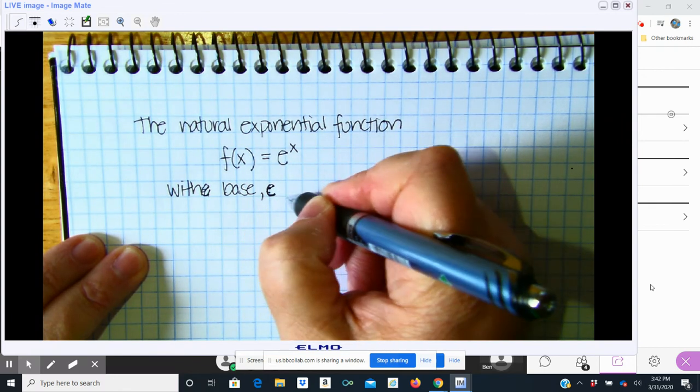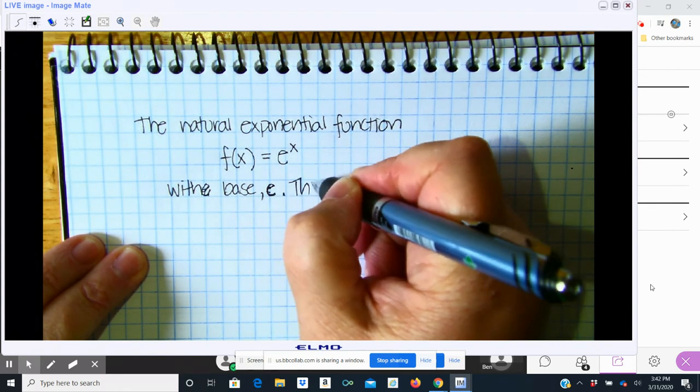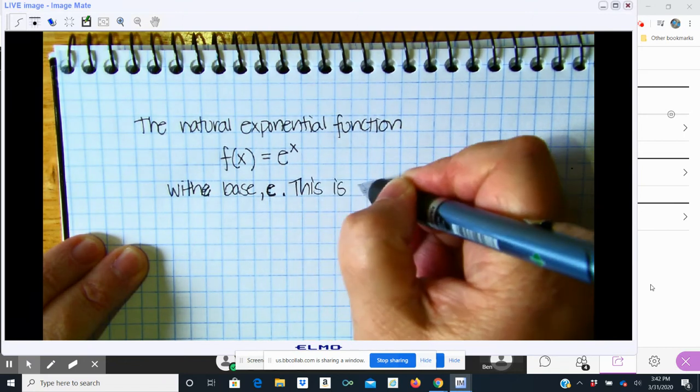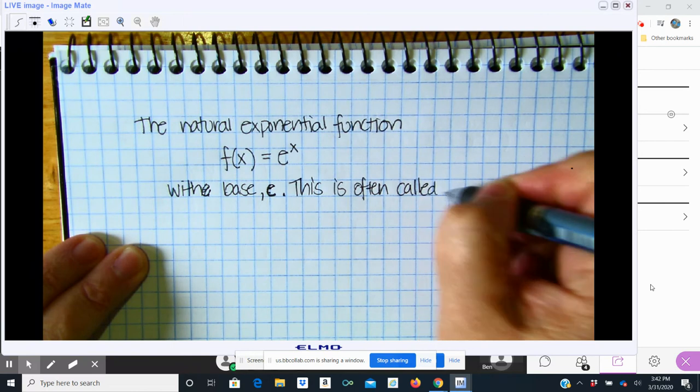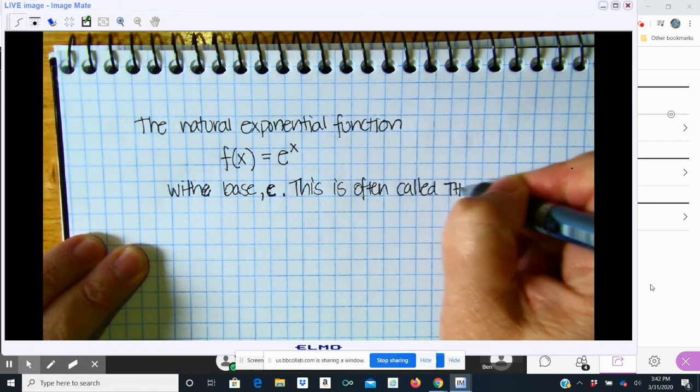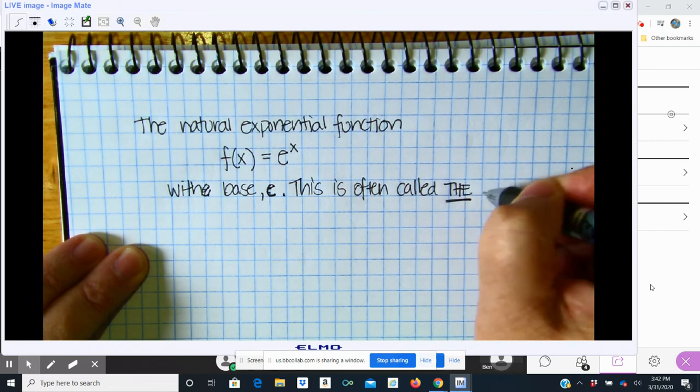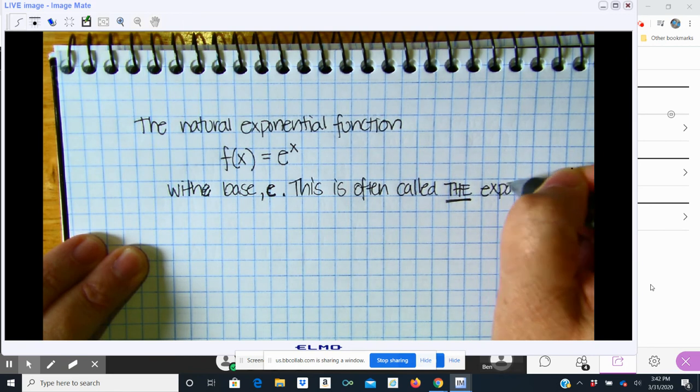With base e, this is often called the exponential function.